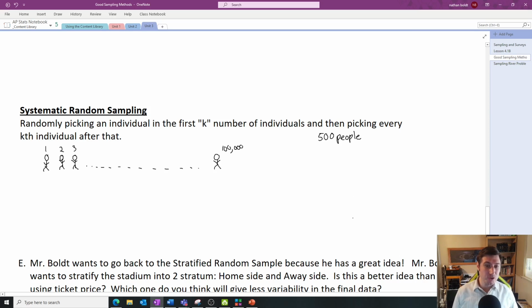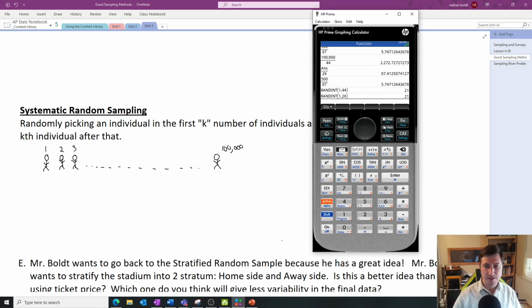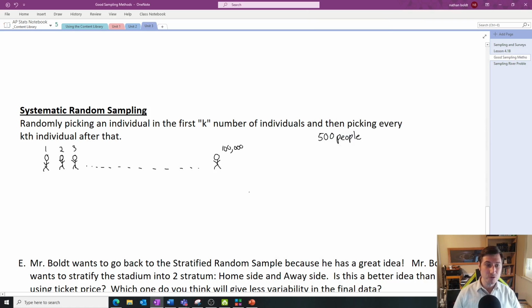What we could do simply is divide 100,000 by 500, which is 200. So I could pick every 200th person.